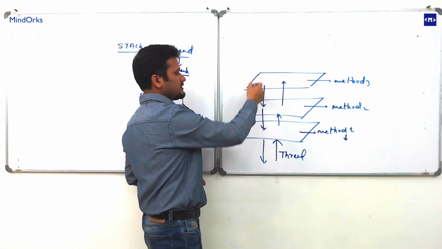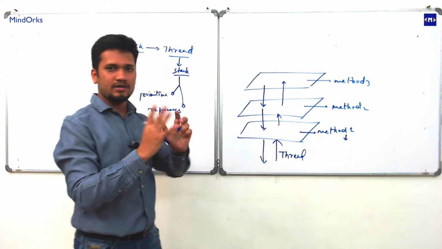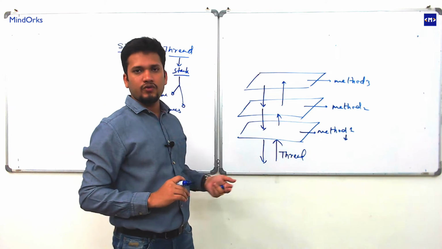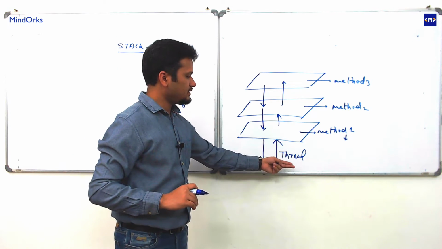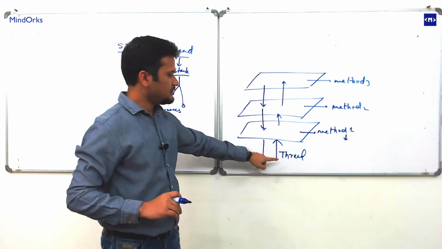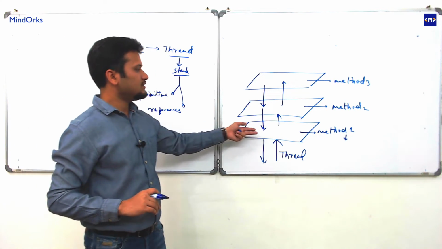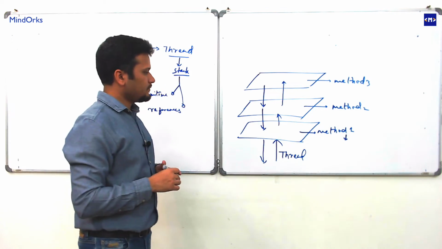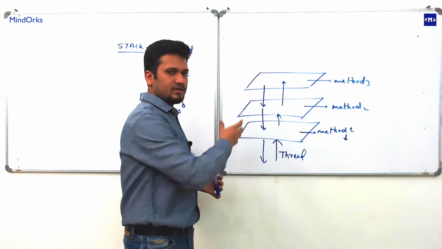If at any time the stack gets filled, say method 3 requires some space in the stack but the stack is full, then you will get a stack overflow error. This is how stack memory is associated with the thread, and how the stack gets filled and released. It is very fast compared to heap, because GC has no role here. Whenever the thread returns, your stack automatically clears up, so this is automatic management.